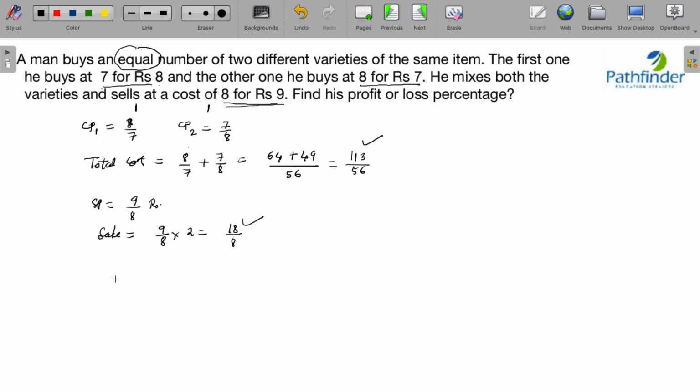Now remember, percentage profit, we have done this before, is selling price upon cost price minus 1, into 100. So just do selling price upon cost price. So 18 upon 8 in the numerator upon 113 by 56 in the denominator, minus 1, into 100.